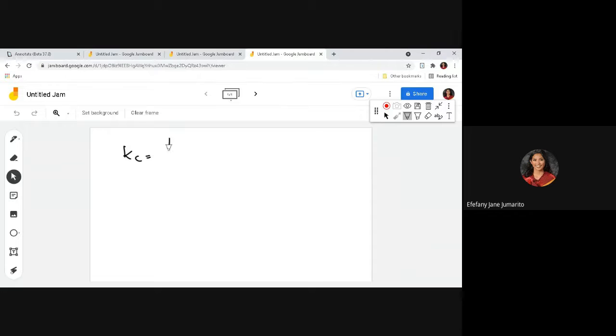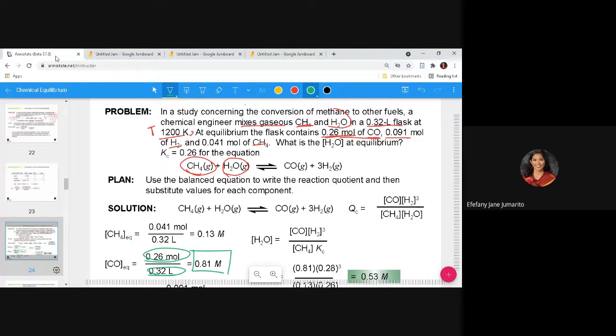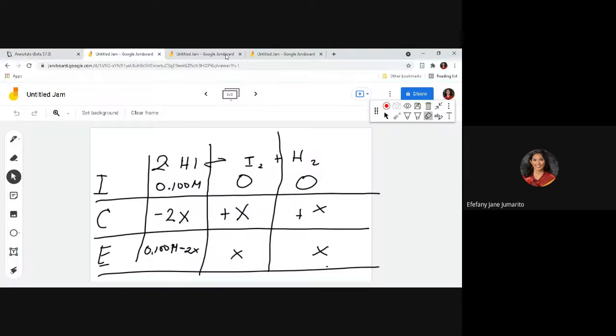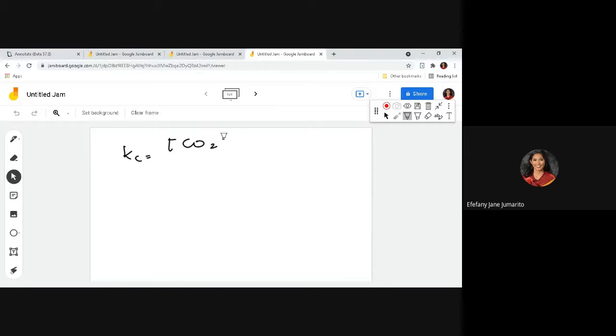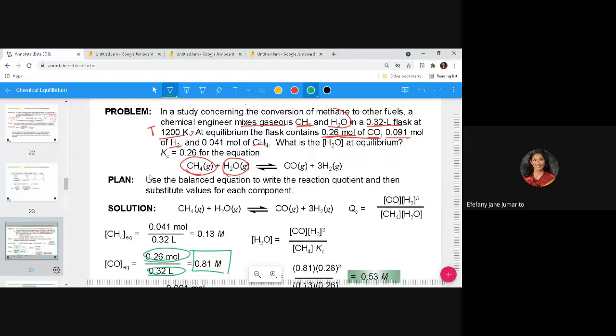Kc is equal to CO times H2 to the third power over CH4 times H2O.